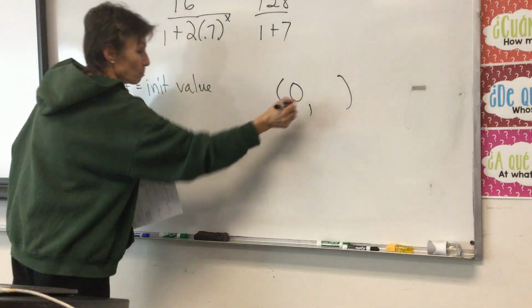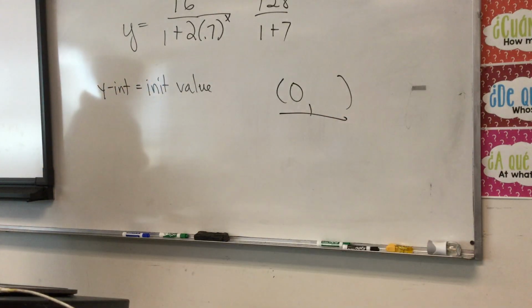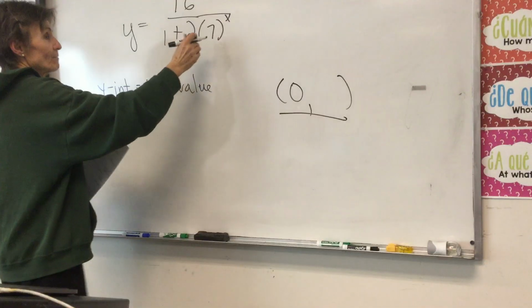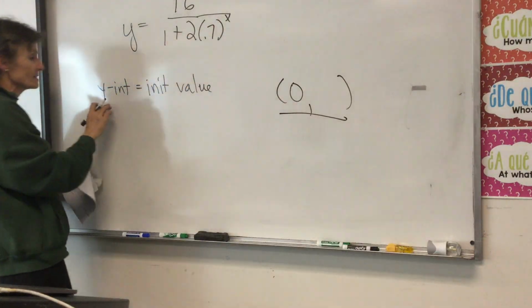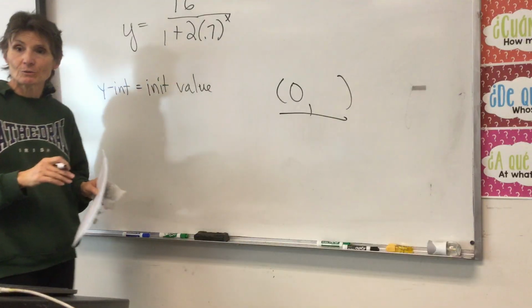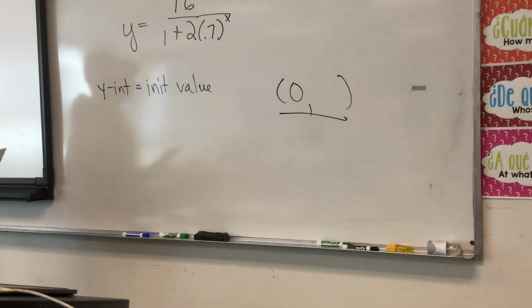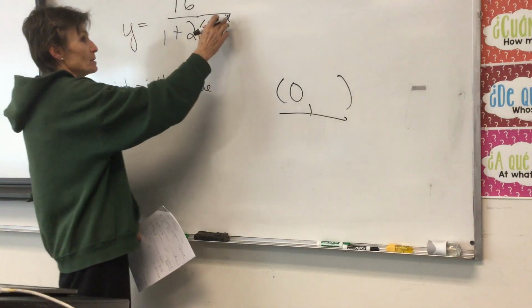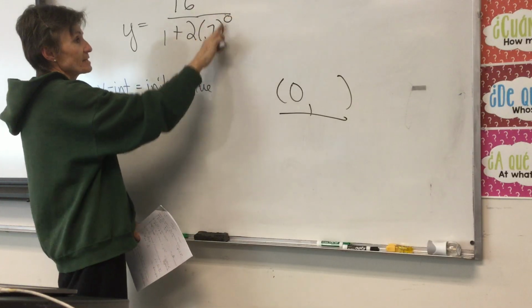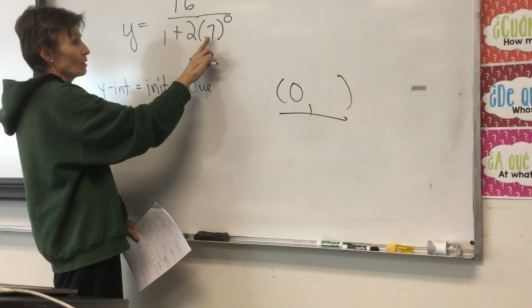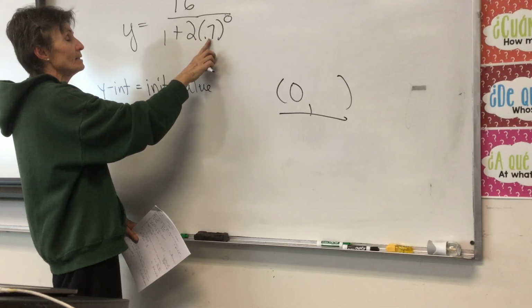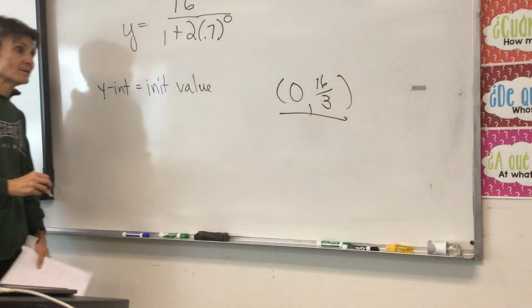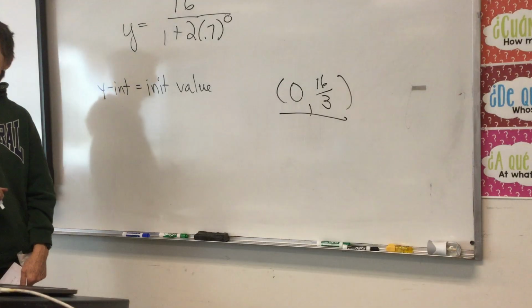We'll put 0 in for x, because that's what we do to find the y-intercept or the initial value. Either one, they're exactly the same thing. If I put 0 in here, this becomes 1, and I have 16 over 1 plus 2, so I have 16/3. So my y-intercept, or my initial value, is 16/3.